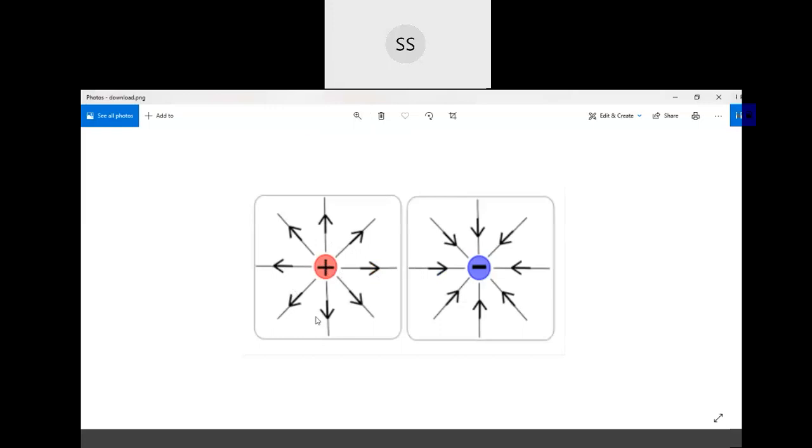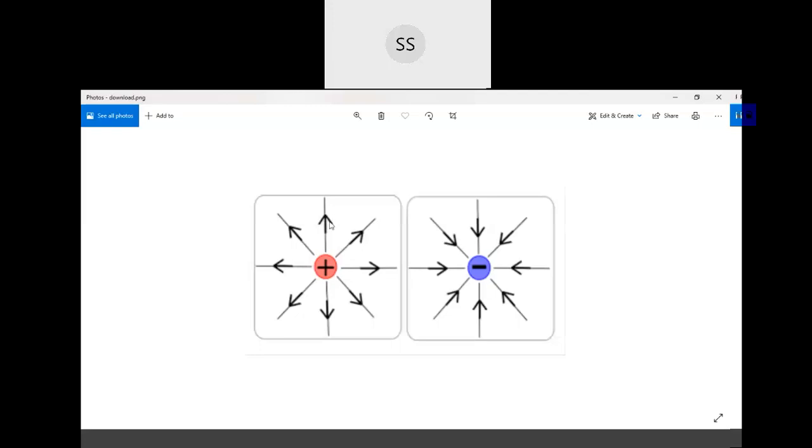So let us take a unit positive charge which is initially at infinity. Infinity means beyond the electric field area. So when we bring that unit positive charge from infinity to a particular point in that electric field, say this point.